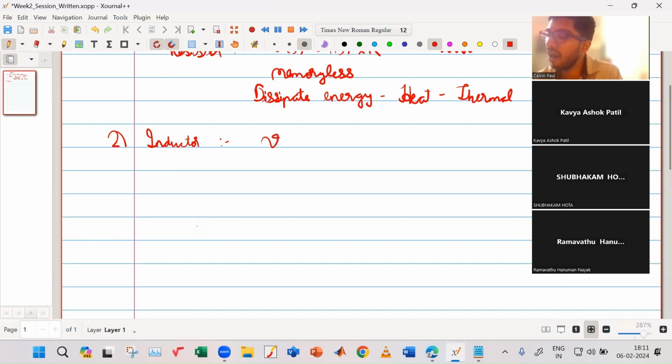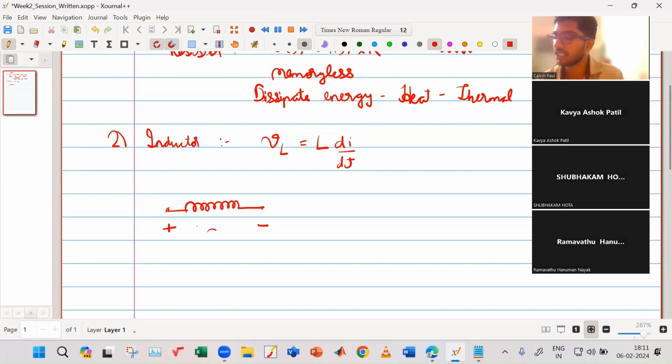So VL is equal to L into di by dt. IL equals 1 by L integration of V dt. Okay, we'll come to that. So this is an inductor.